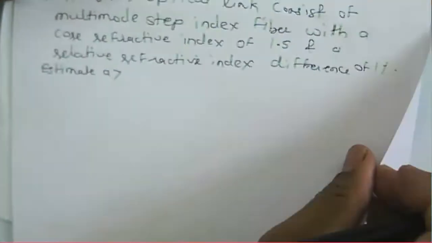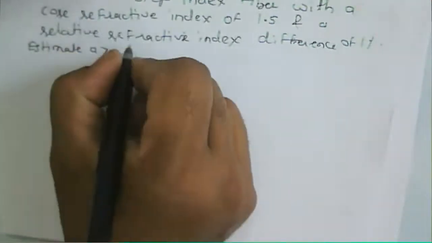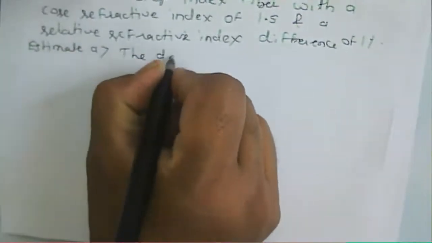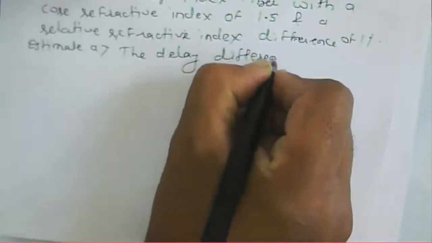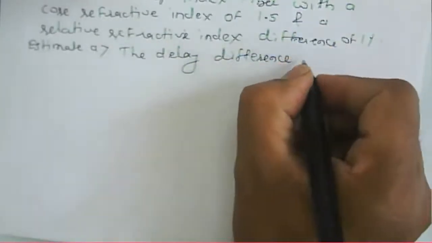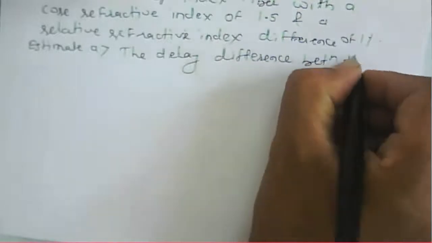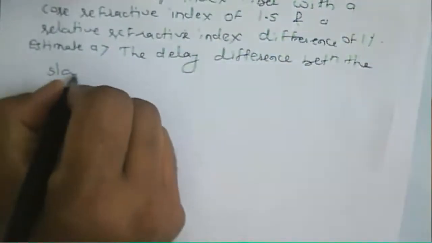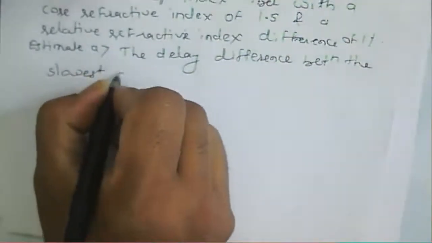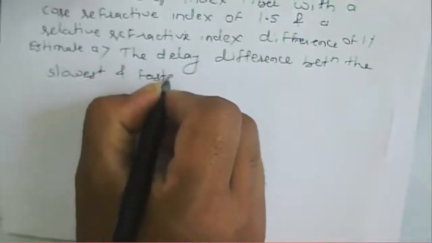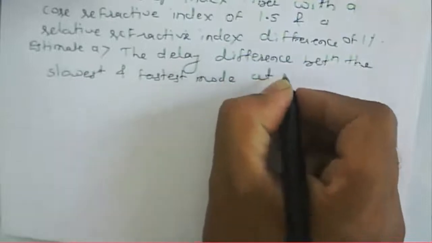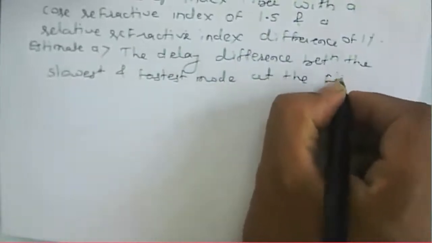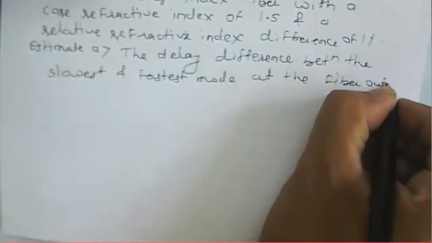Estimate A, the delay difference between the slowest and the fastest mode at the fiber output.